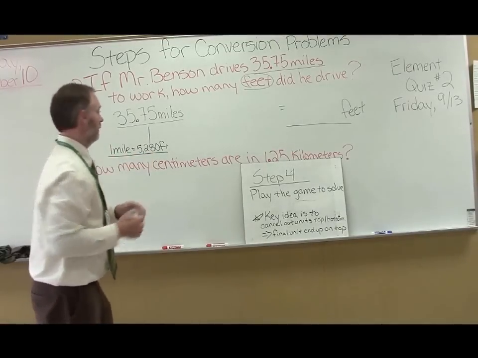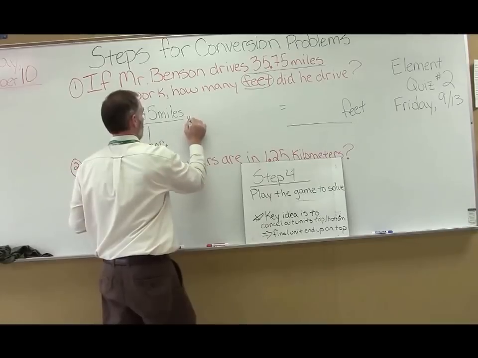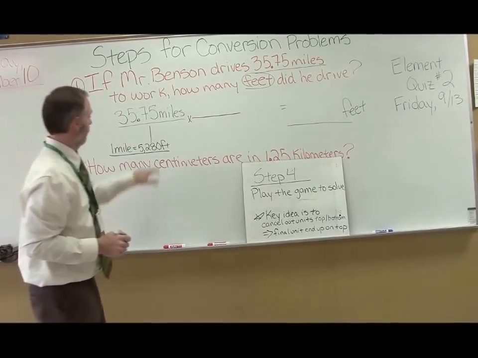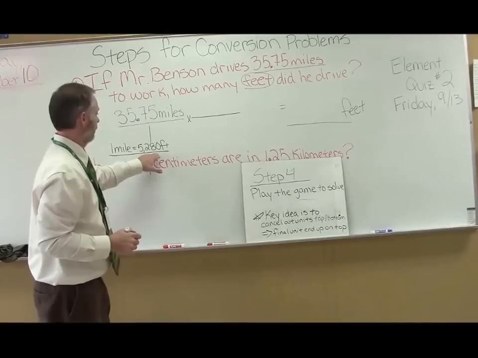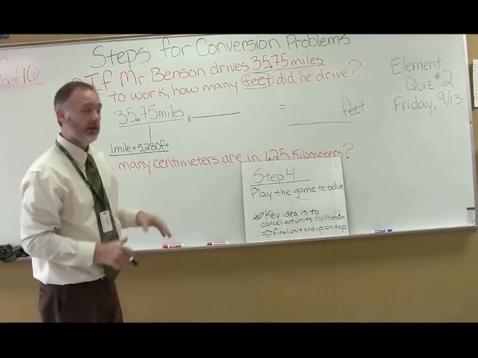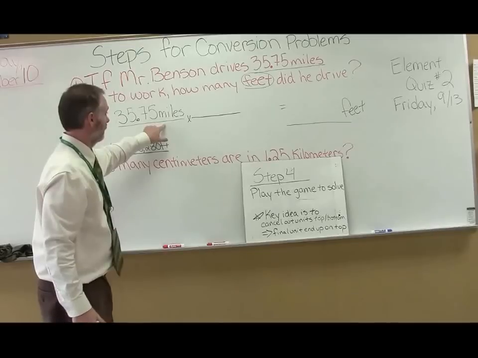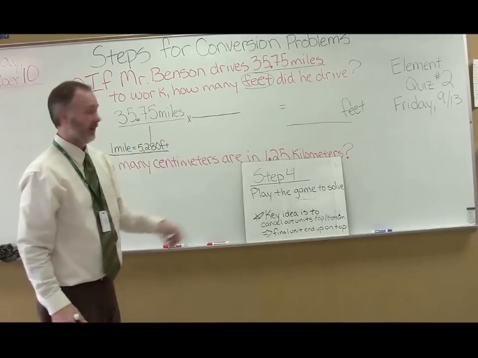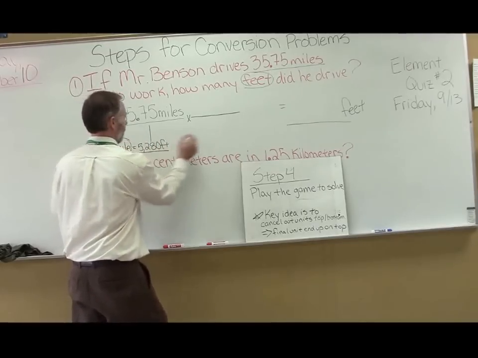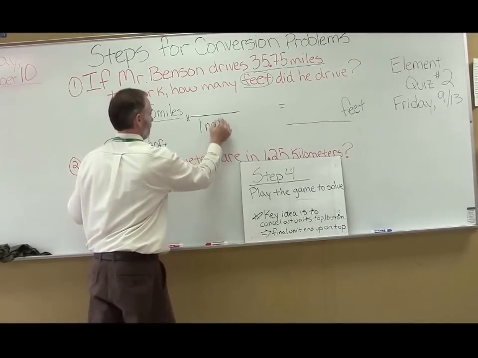So what I do is I'm going to draw a multiplication sign and a line. And one of these values with the unit's going to go on top, and one of them's going to go on the bottom. And the key thing is we've got to cancel out miles and end up with feet on top. So put the 1 mile, this part, right on the bottom.